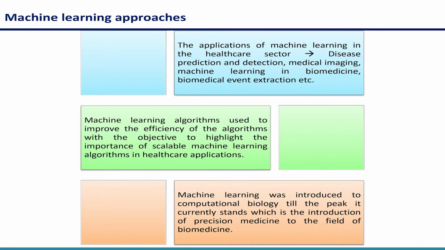Machine learning algorithms are used to improve efficiency, with the objective to highlight the importance of scalable machine learning algorithms in healthcare systems. Machine learning was also introduced into computational biology up to the peak where it currently stands, which is the introduction of precision medicine and finding biomedicine related issues.